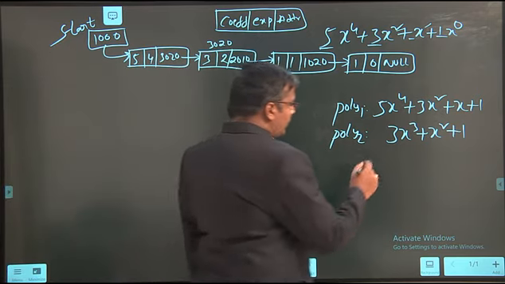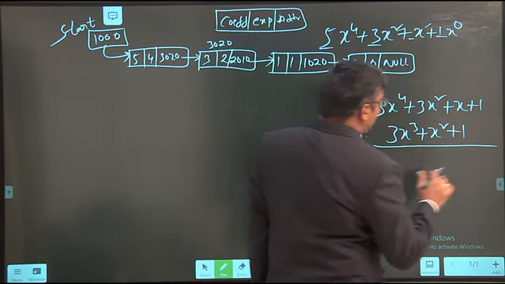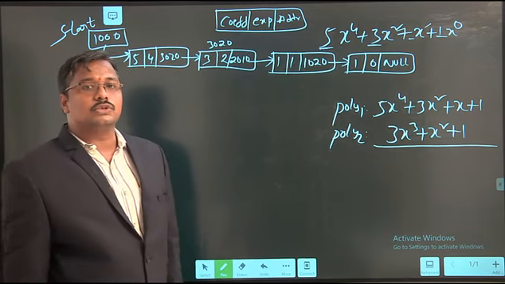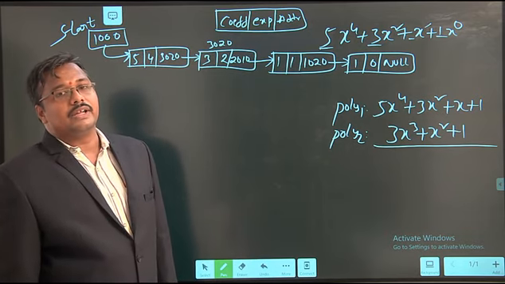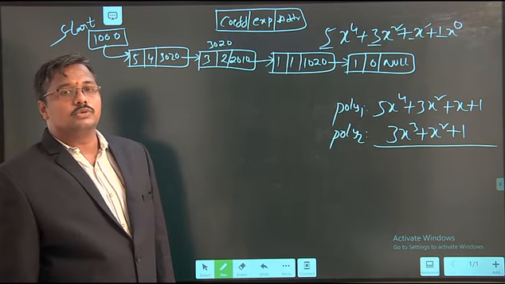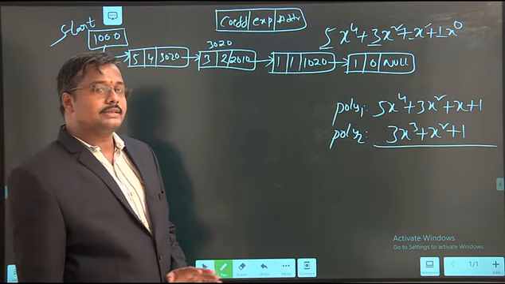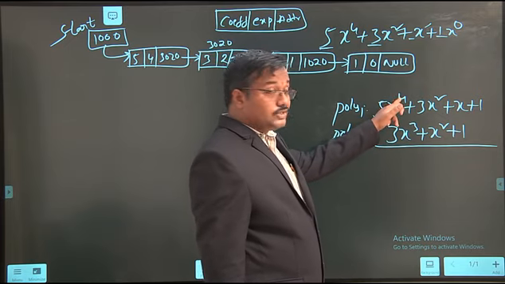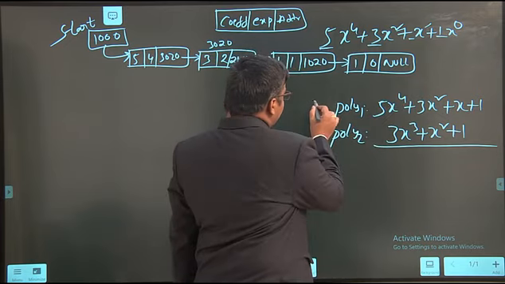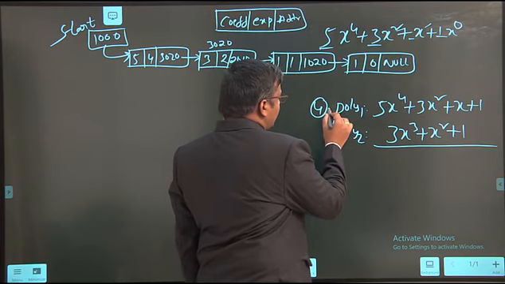Whenever we want to perform the addition operation between these two polynomials, what we have to do is, first, in the first polynomial the highest exponent is 4, which means this is a fourth degree polynomial.